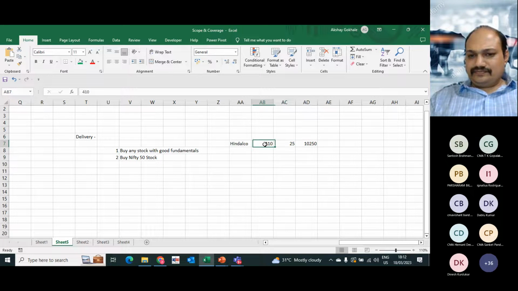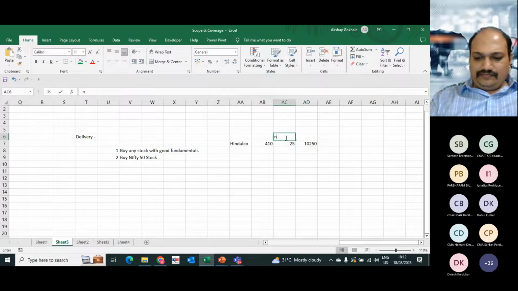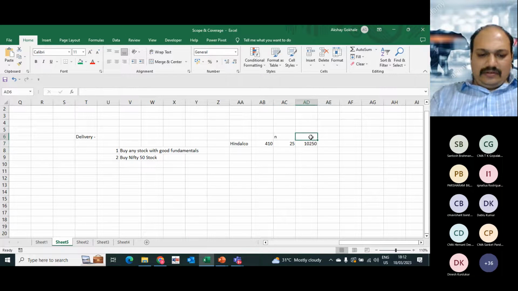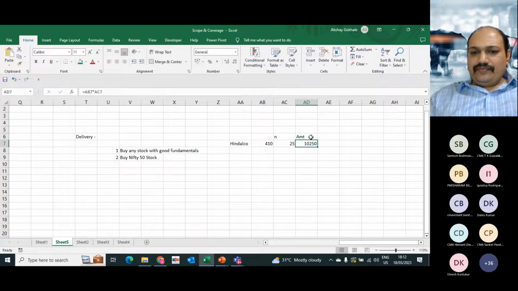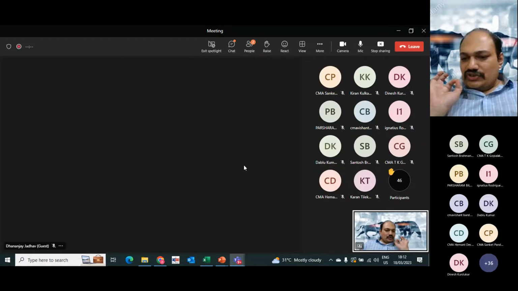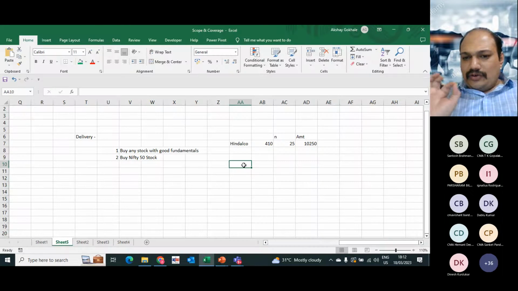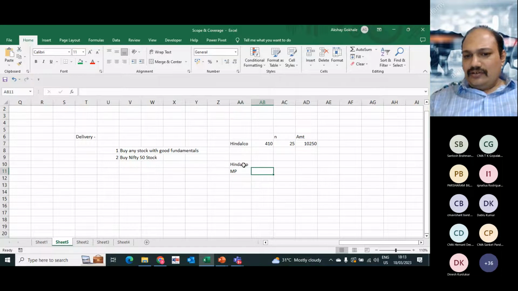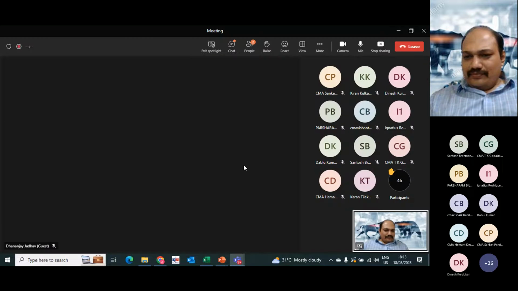Is it clear? Now Hindalco is in your portfolio. What you have to do is intraday trading in Hindalco only. You just have to watch Hindalco at intraday midpoint. Is it clear?